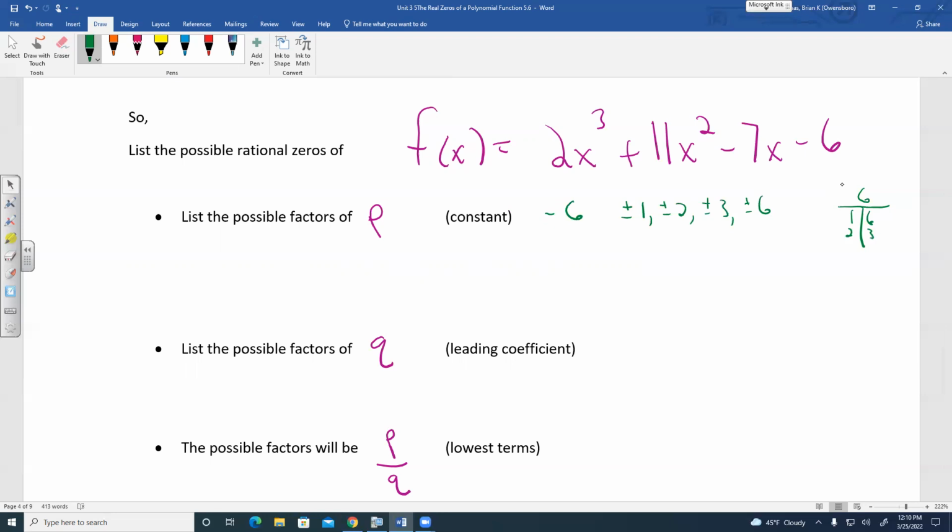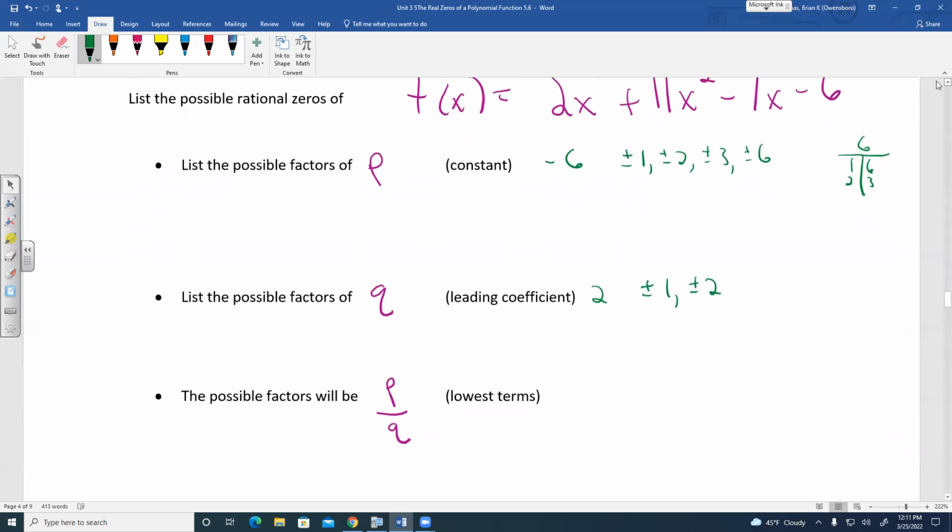My next step is to find the factors of the Q, which is the leading coefficient. So the 2, there's only 2 factors of 2, 1 times 2. So we have plus or minus 1 and plus or minus 2. Now to list the possible rational roots, we write P over Q. Let's start with the 1.